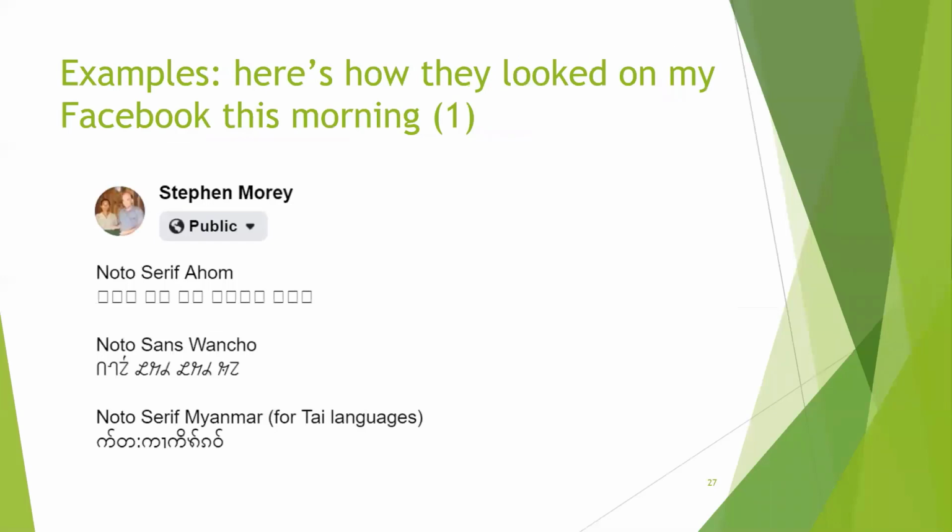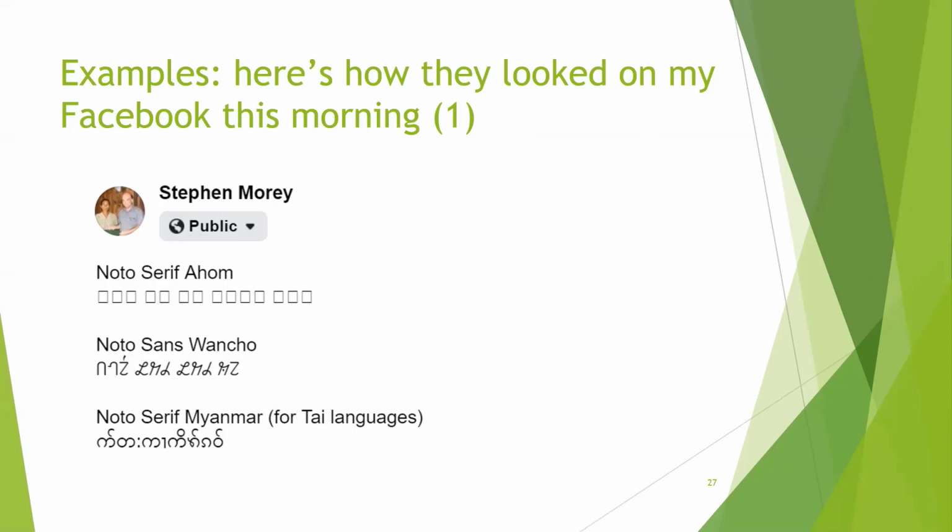So I just wanted to go through another example of some of the tricky issues that we have. So I tried typing the message, I'm going to eat rice, in several languages, and I've already spotted an error in the Thai version. And when I type this on Facebook this morning, you'll see that the Ahom comes out with tofu boxes.